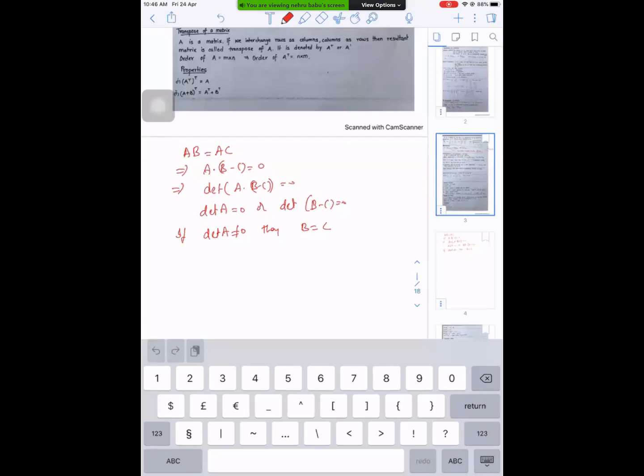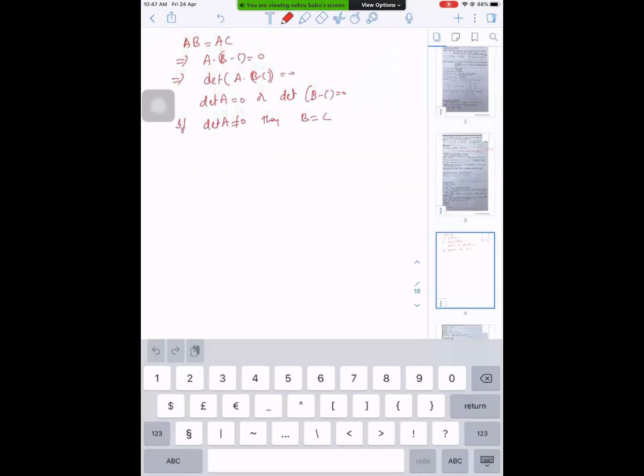I think we already solved many problems based on this property, and some previous IIT questions also. Very important. So if det A is not equal to 0, in that case only B equals C. At the same time, if they mention B is not equal to C, then A is a singular matrix. So AB equal to AC means we have two chances: if det A is not equal to 0, surely B is C; if B is not equal to C, then A must be a singular matrix.